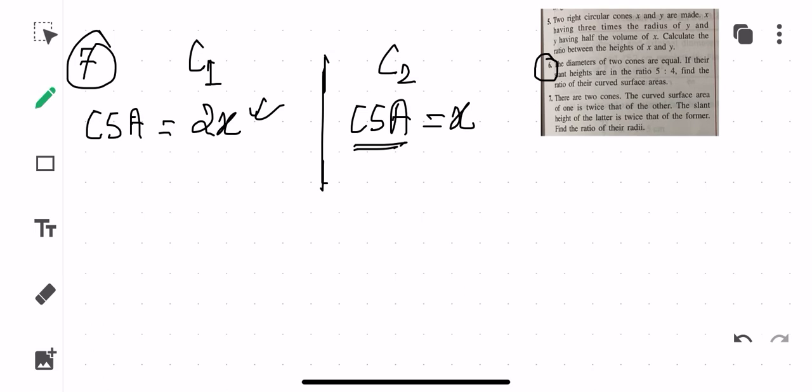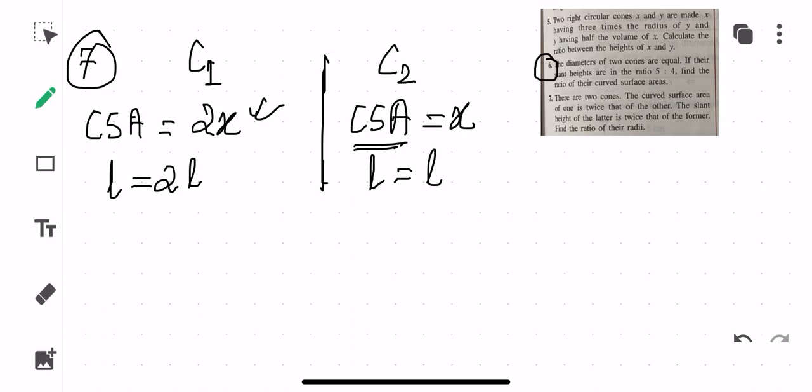The latter. That is more important, children. So this is what you have to understand. The slant height of the latter, I will be taking as 2L, and here L is equal to L, because the slant height of the latter is twice this much.